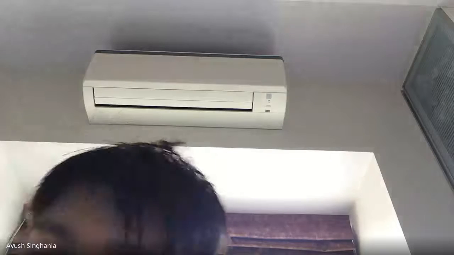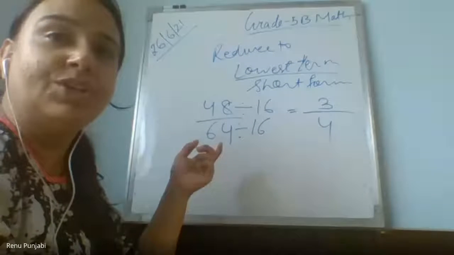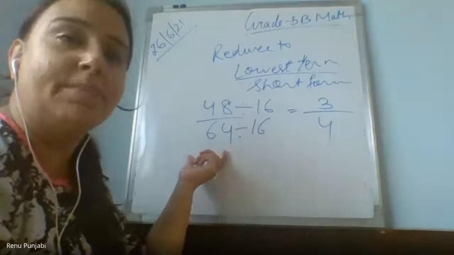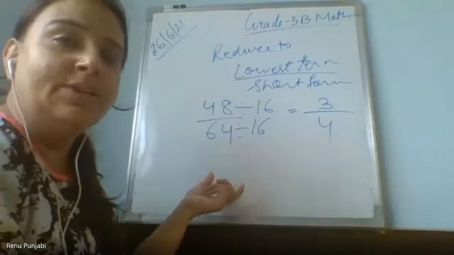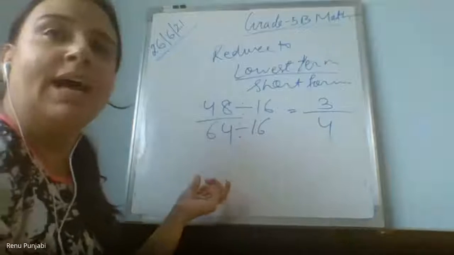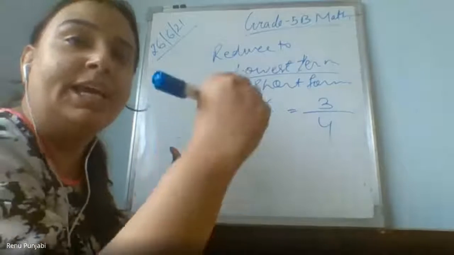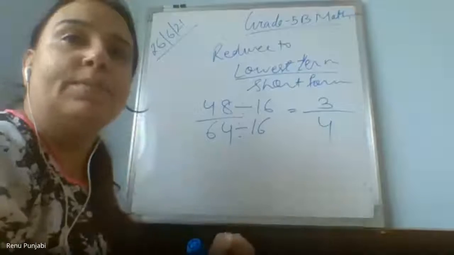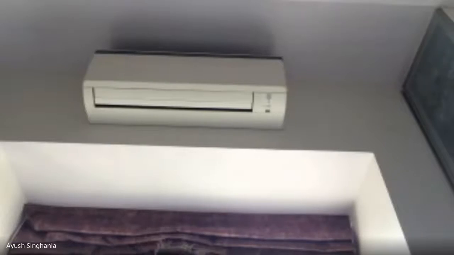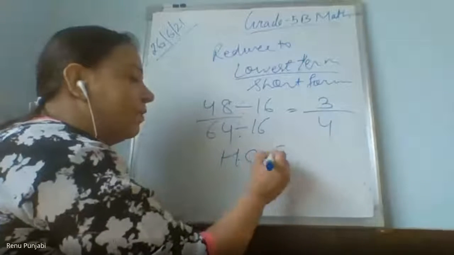Then you have checked the denominator is divisible by which all the numbers. Then you have noted down the factors of denominator. Then after writing the factors of numerator and denominator, you have taken out the highest common, HCF it is called, highest common factor.